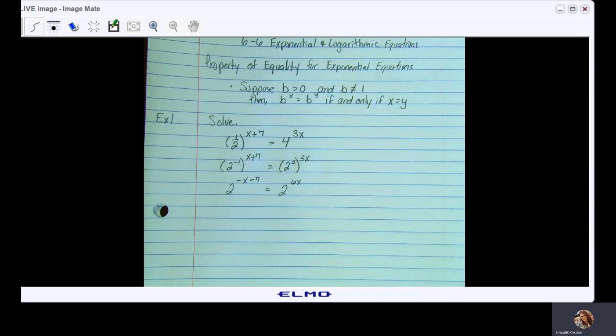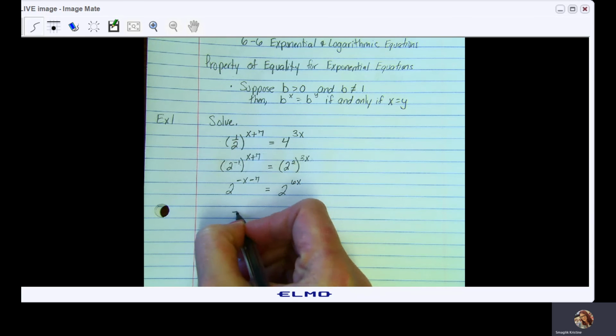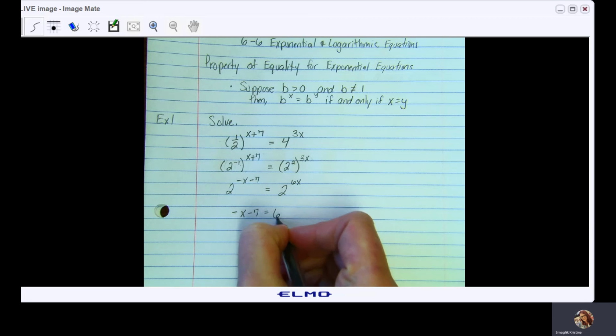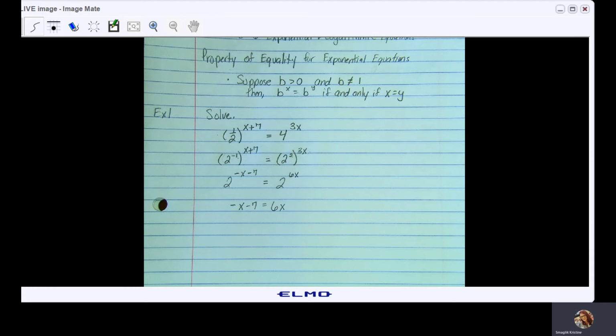Now I have common bases, and I can apply the property of equality for exponential equations. I'm just going to set my exponents equal to each other: negative x minus 7 equals 6x. And I'm going to solve.